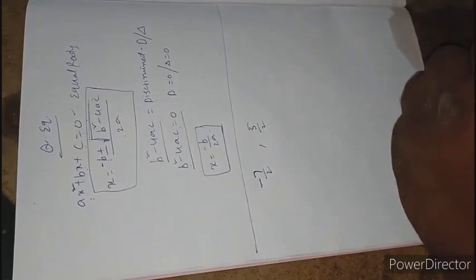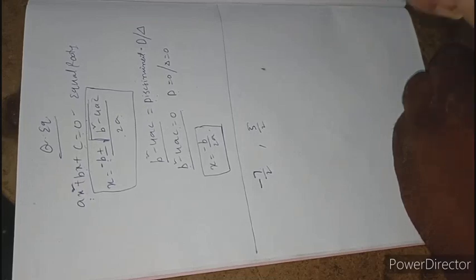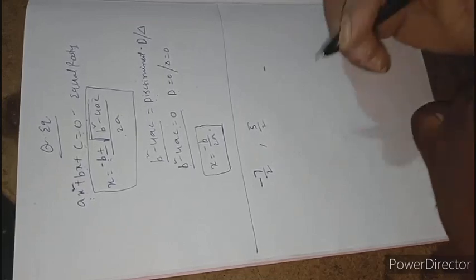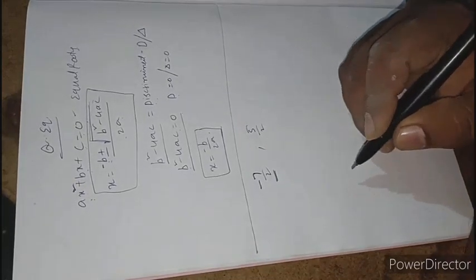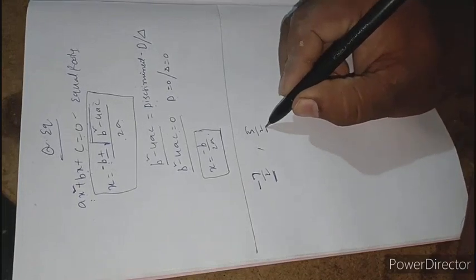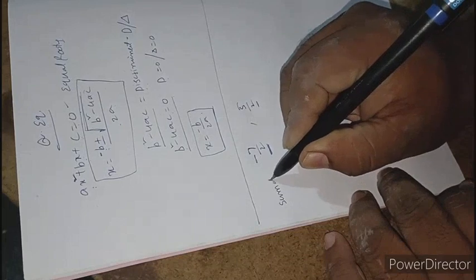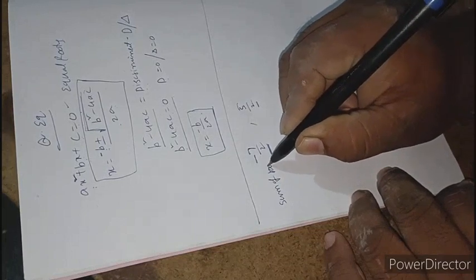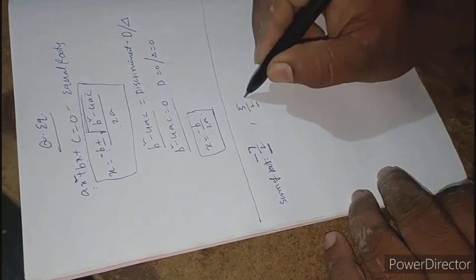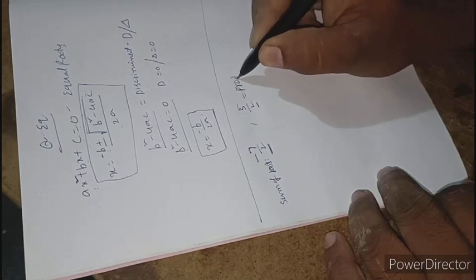I am repeating the question. The sum of the roots of a quadratic equation is minus 7 by 2 and the product is 5 by 2. This is the sum of the roots. This is the product of the roots.